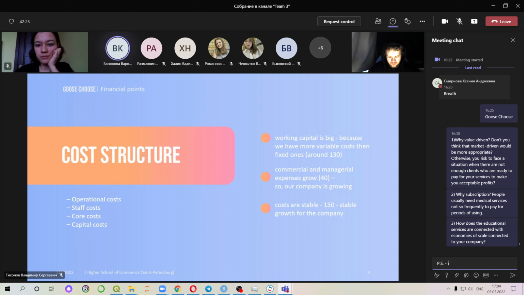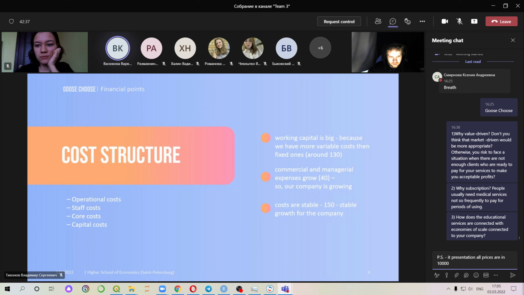We will have an increase in debt at the initial stage, as we will take investments to develop our startup. In the first 2 years, we will invest all our profits back into the development and expansion of the company. But part of money will go to paying the debts.